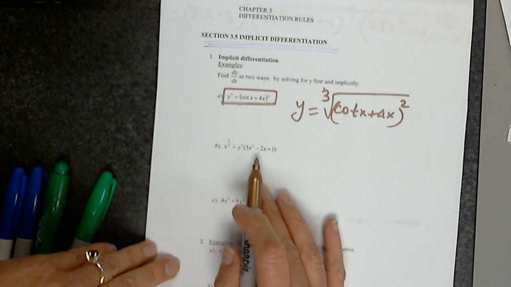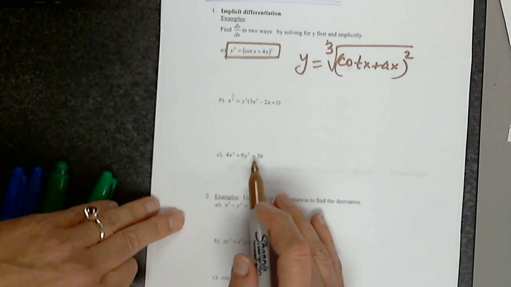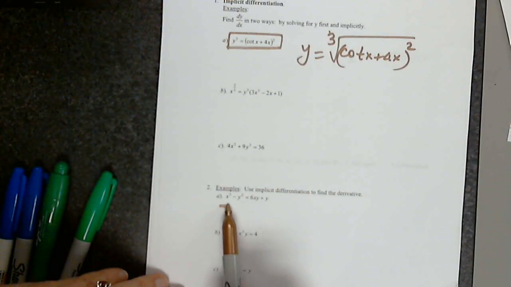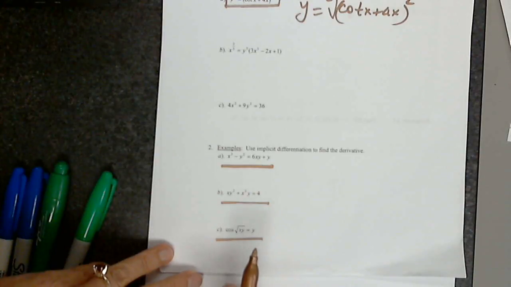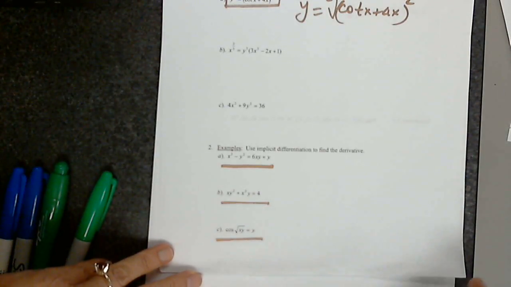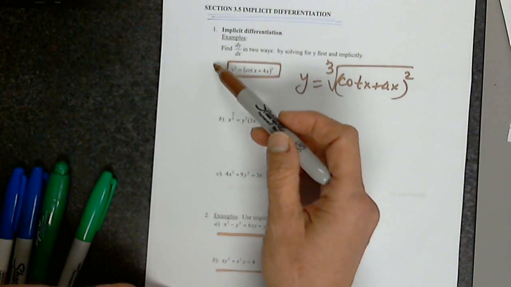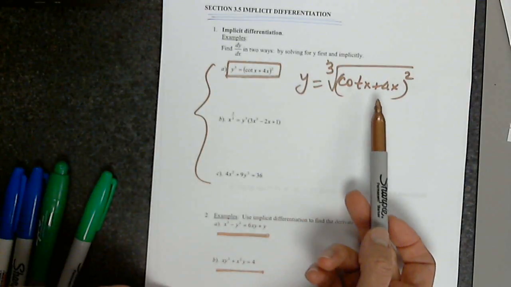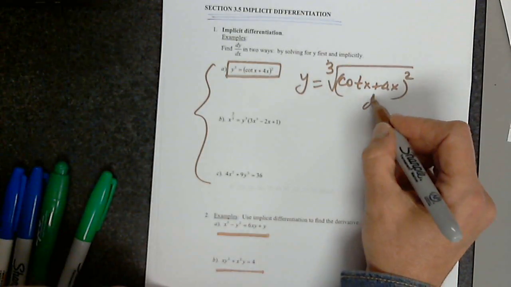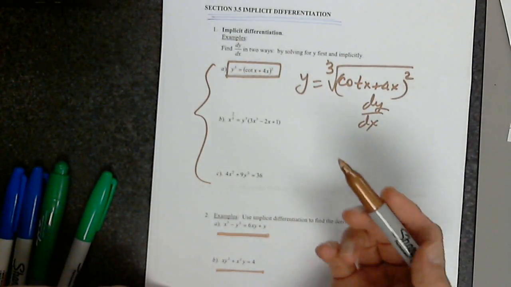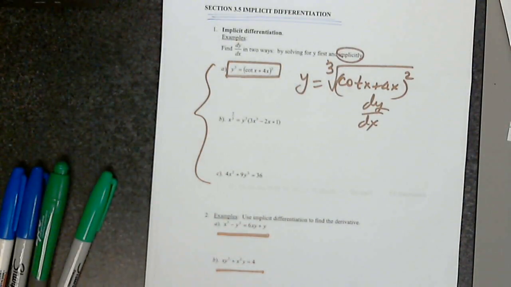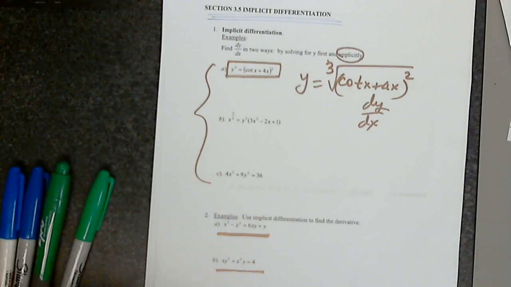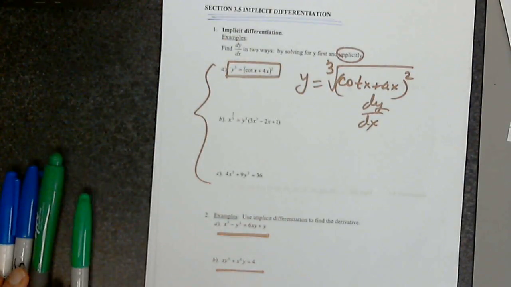Even here I can solve for y. Even here I can solve for y. Here I cannot. Here, obviously, I cannot. So in certain situations, you may be asked to solve for y and then find dy over dx. In other situations, you will not be able to, so you will have to find the derivative implicitly because you cannot find the function.